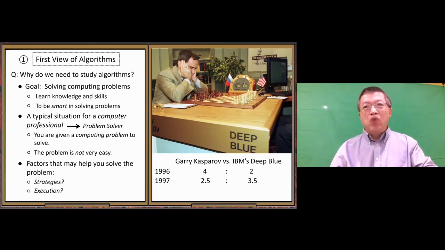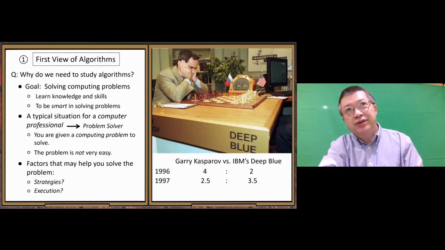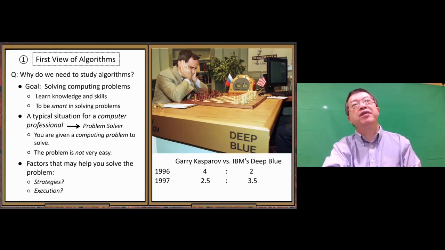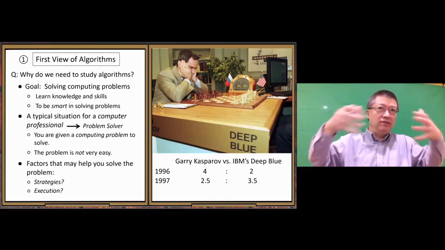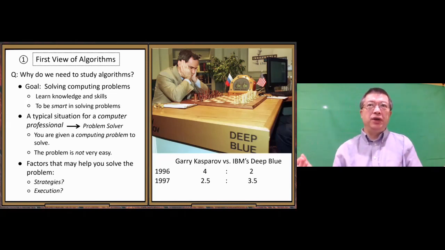Now, other than the strategy, do we need other factors? Here, execution factor is also very important. Suppose you have a winning strategy, brilliant, tremendous, winning strategy, but you cannot execute it. What result can you expect, right?